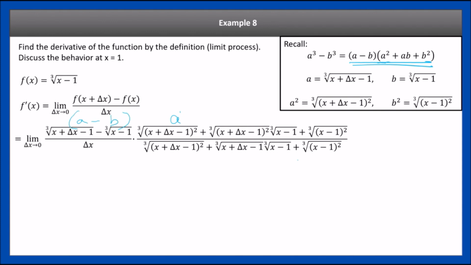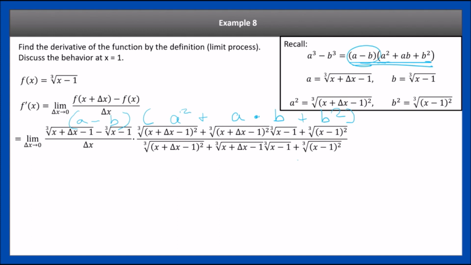This part right here is a squared plus a times b, and I'm going to stretch it out so you can see it, a times b plus b squared. This is a times b right here. We're using that formula, but whatever we do on the top, we have to do on the bottom.